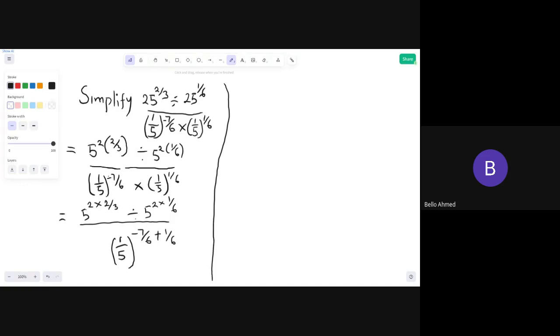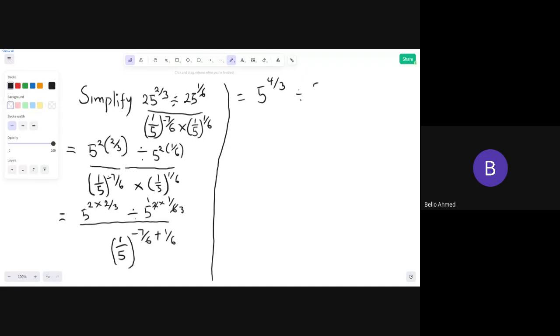Then the numerator here, let me simplify. Well, here nothing can divide, so I'll just say 5 equals 5 raised to the power of 2 times 2, that's 4 over 3. Then divided by 5 raised to the power of, of course, here you discover that 2 can go into 6, giving us 3 here.